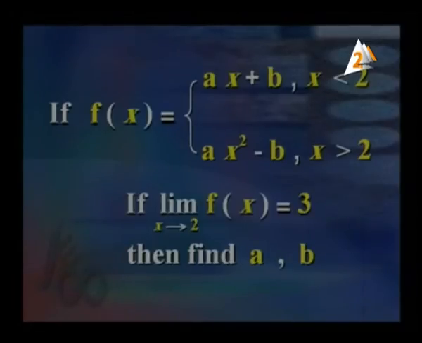Remember, dear student, we have a function with two branches: ax plus b when x is smaller than 2, and ax squared minus b when x is more than 2. In this example, the limit of f of x exists and equals 3, and we find the value of a and b.